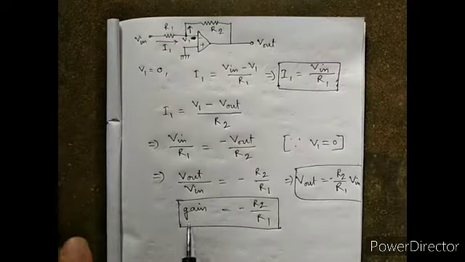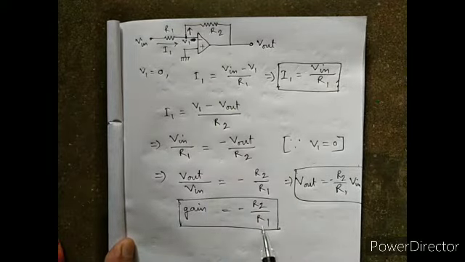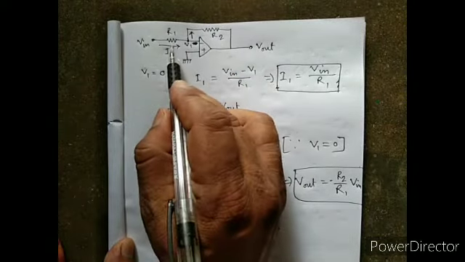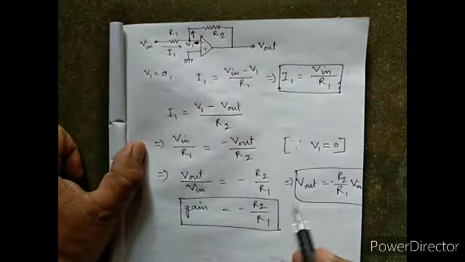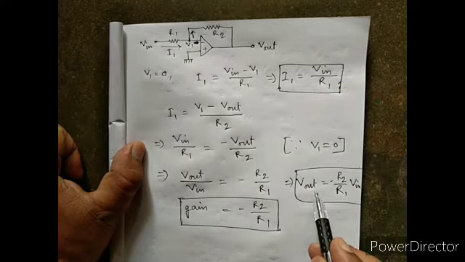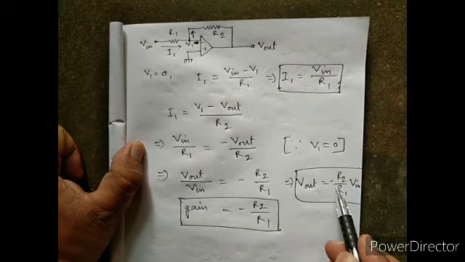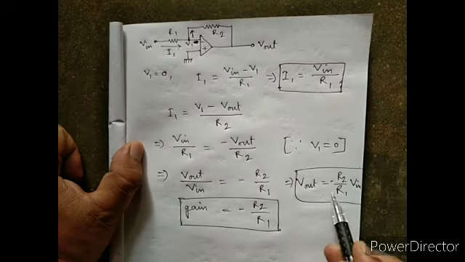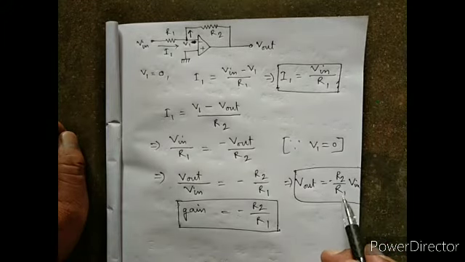So the gain of an inverting operational amplifier is minus R2 by R1, the ratio of the feedback resistance and R1. And the output is 180 degree phase shifted from the input voltage. V out equals to minus R2 by R1 into Vin.